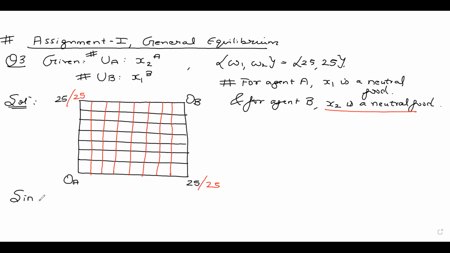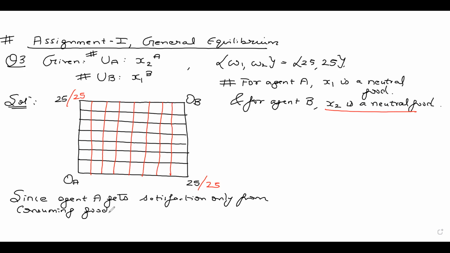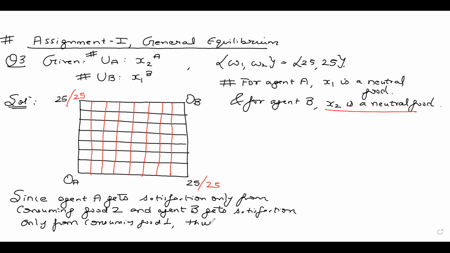So I can write that since agent A gets satisfaction only from consuming good 2, and agent B gets satisfaction only from consuming good 1, thus the Pareto efficient points cannot lie in the interior of the Edgeworth box.